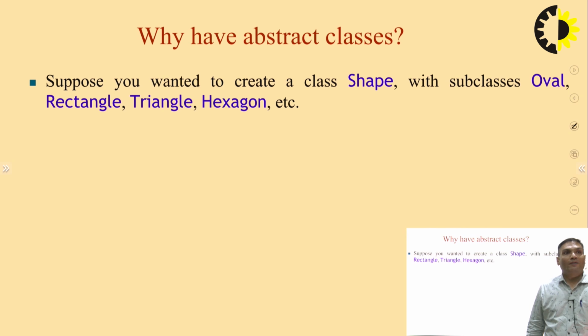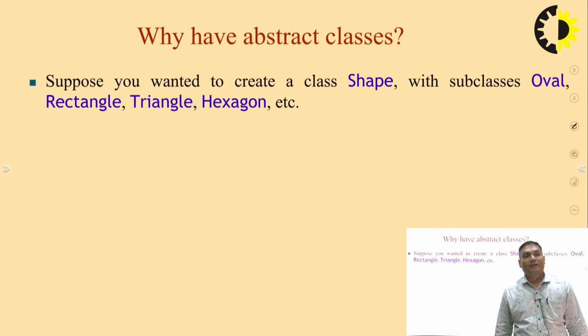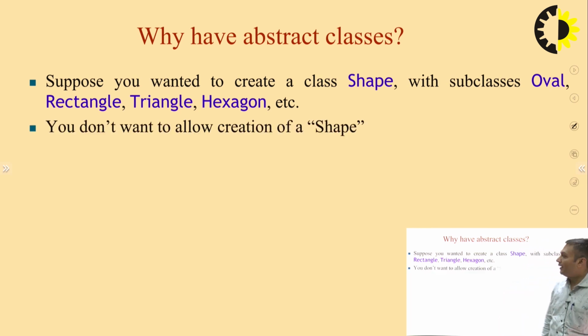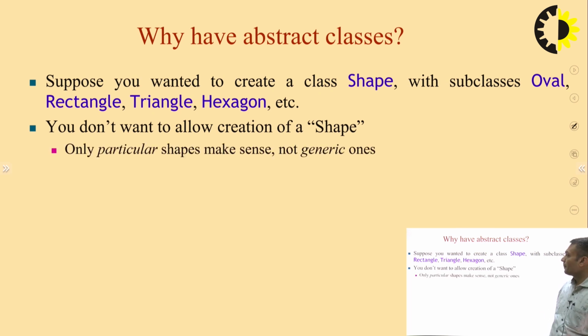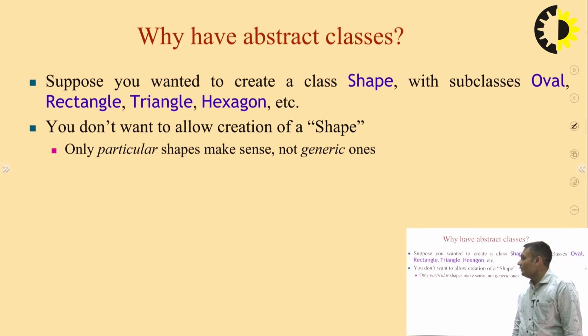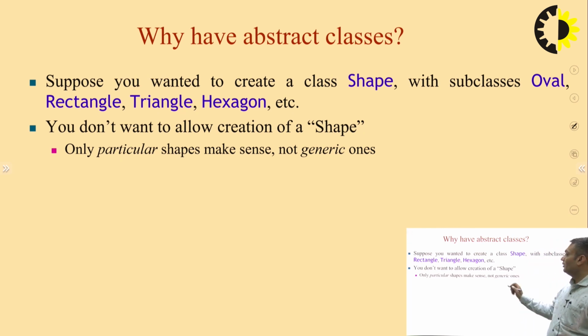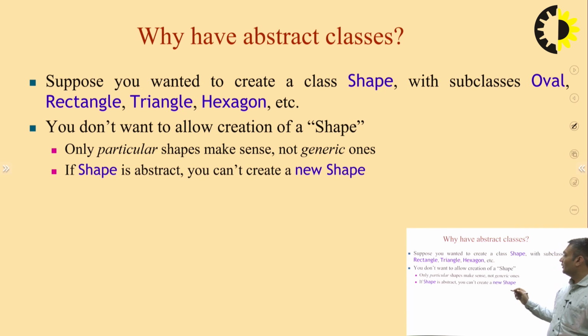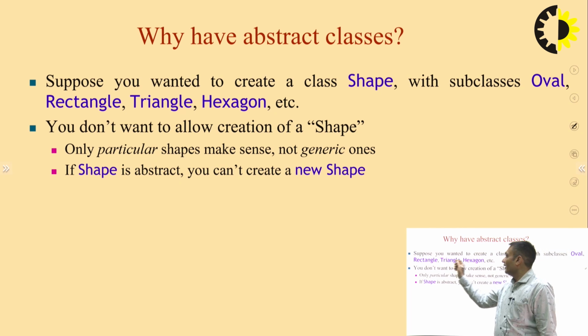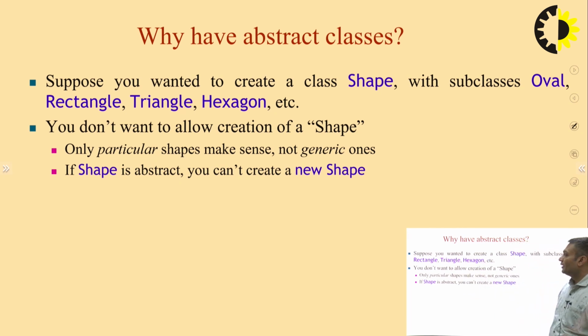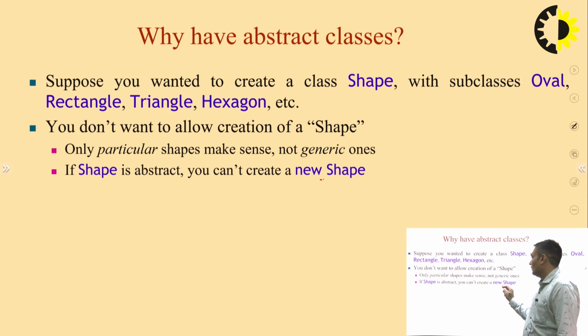So why do we have an abstract class? Suppose we want to create a class Shape, and there are subclasses named oval, rectangle, triangle, hexagon, etc. And you don't want to allow creation of a generic shape, because only a particular shape makes sense; a shape can be identified with the name of either rectangle, triangle, hexagon, oval, etc. So if Shape is abstract, you can't create a new shape.